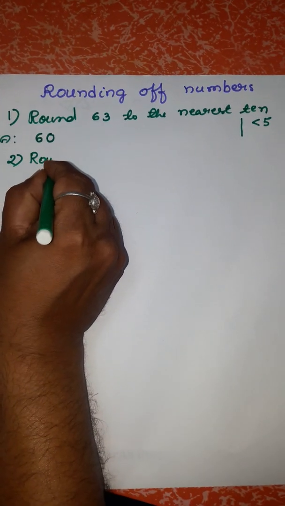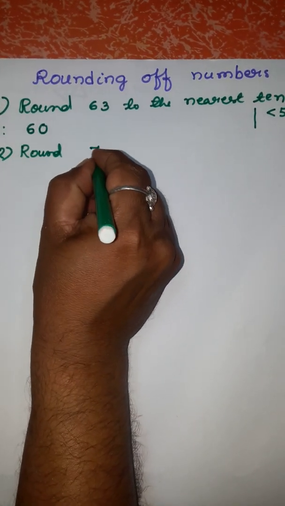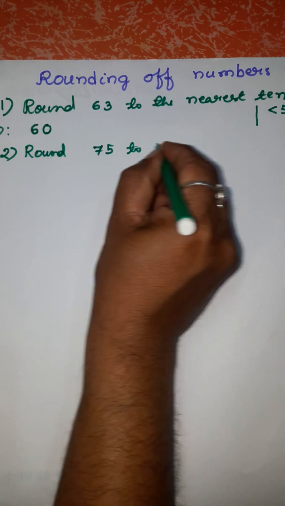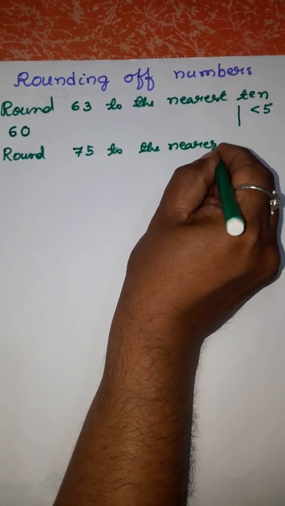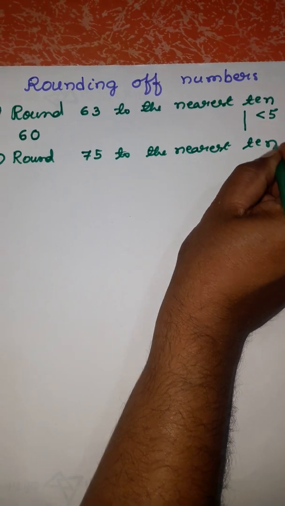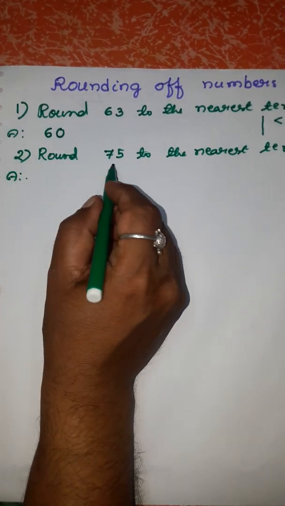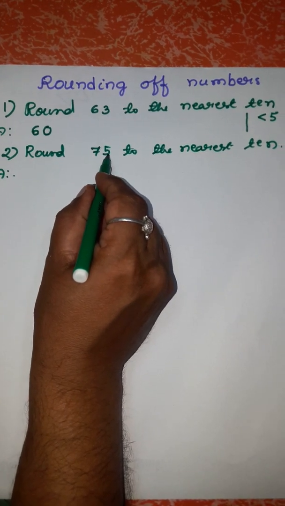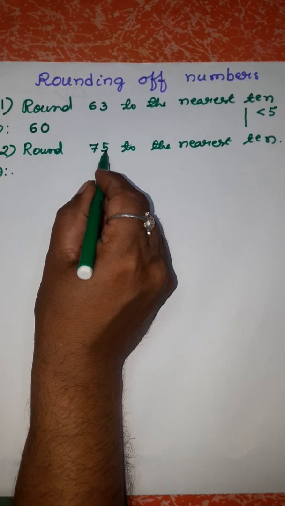Round 75 to the nearest 10. Now look at the digit at unit place, because you have to look at the digit previous to tens place, that is unit place.